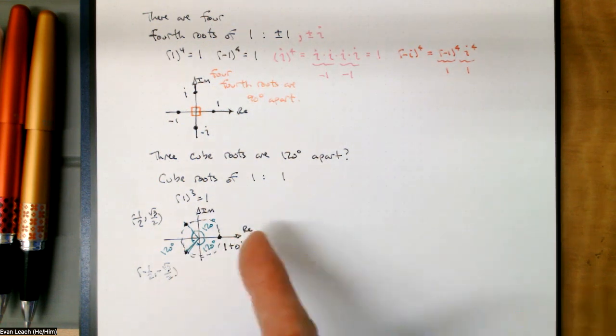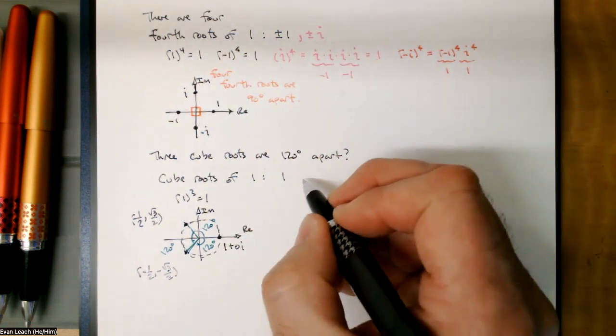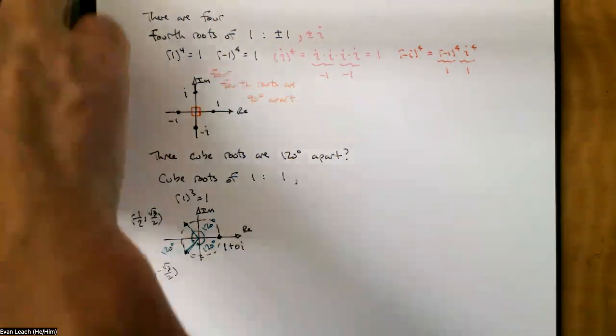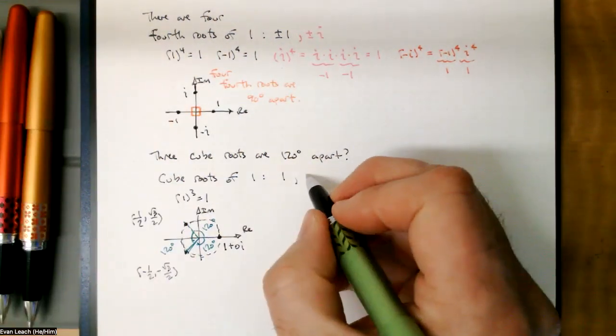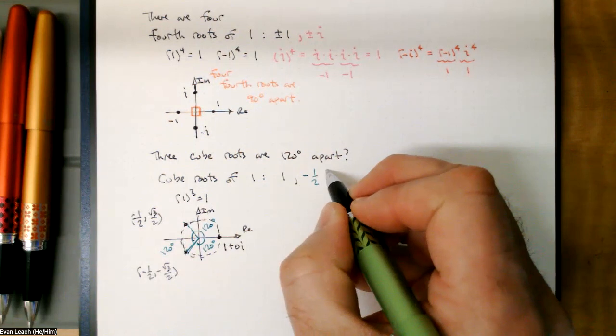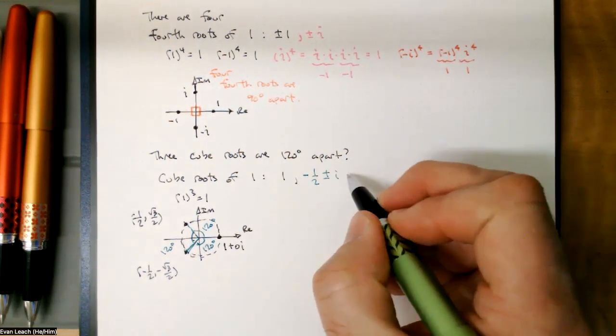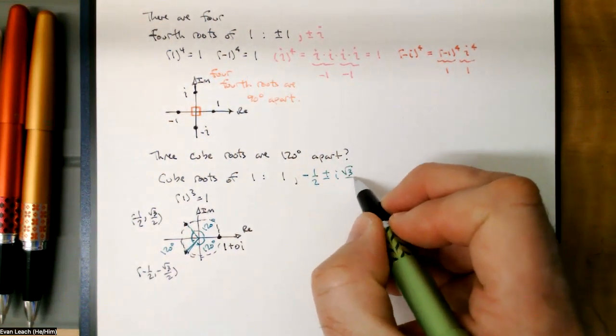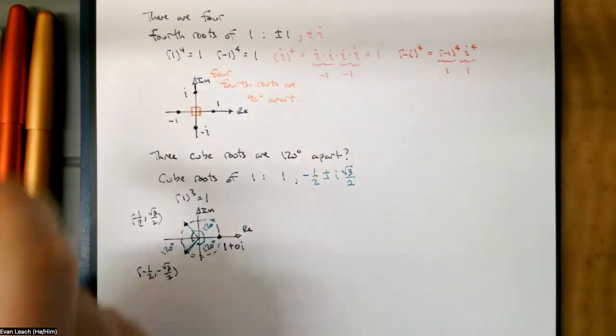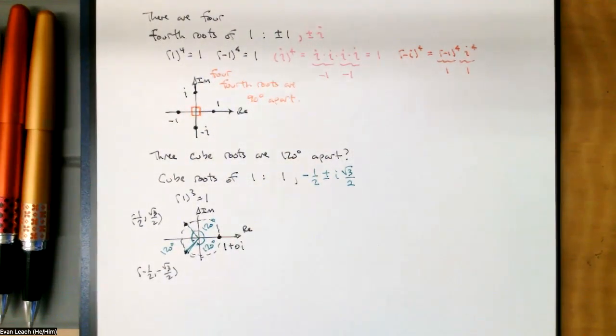So the other cube roots of 1 that we'll speculate about are -1/2 plus or minus i times √3/2. If we want to find this out, we can just raise these to the 3rd power.